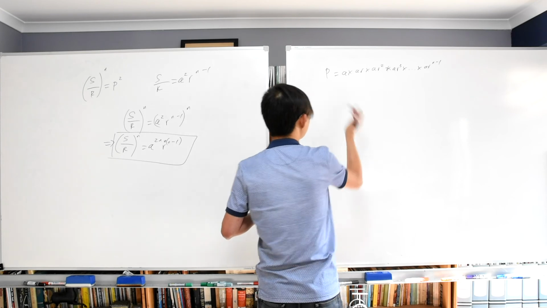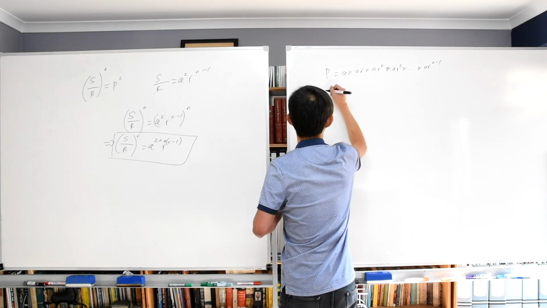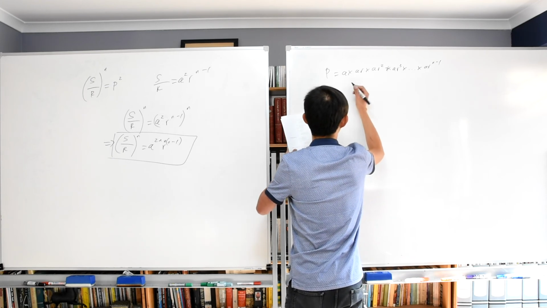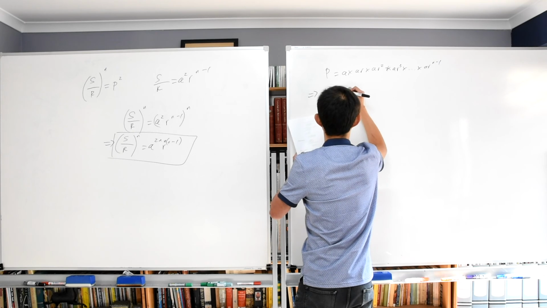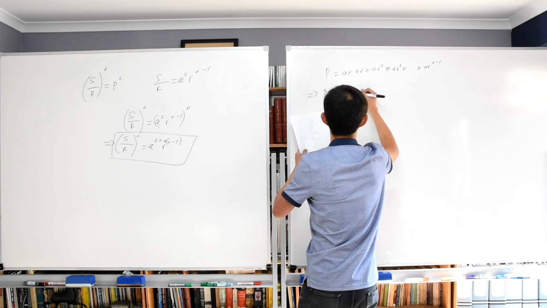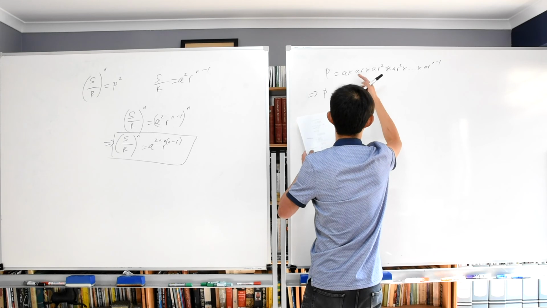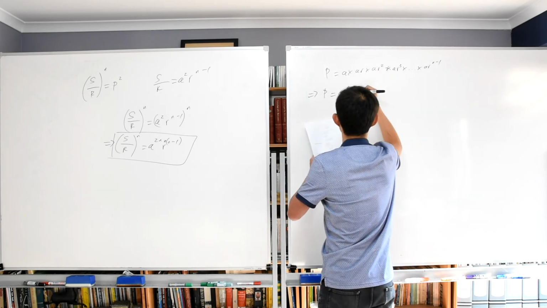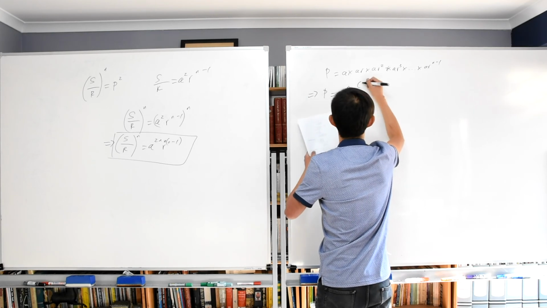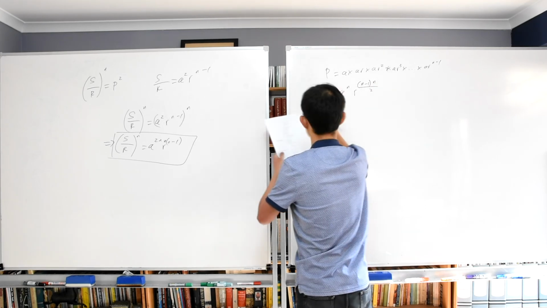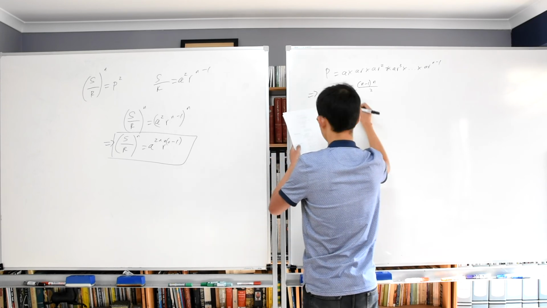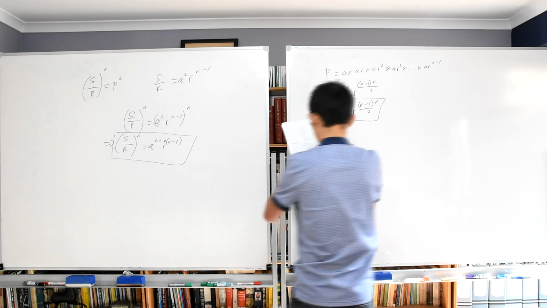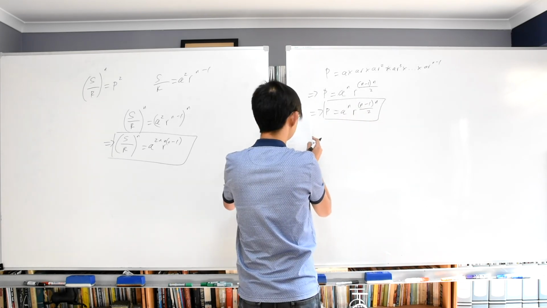For P, let's factor all the A's. And how many A's are there? 1, 2, 3, 4, all the way to n number of A's. And all the R's, they themselves form R to the power 0, R to the power 1, R to the power 2, R to the power 3, and so on. So R to the power of squaring all of this.